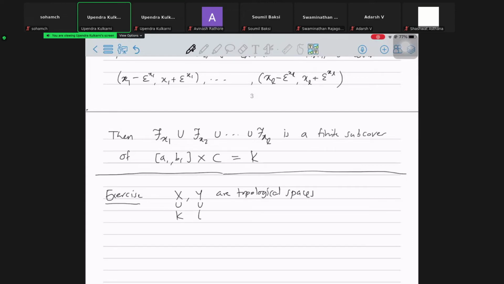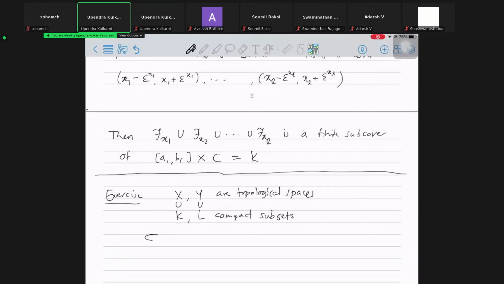Suppose K and L are compact subsets respectively of X and Y. Then what should be the proof?